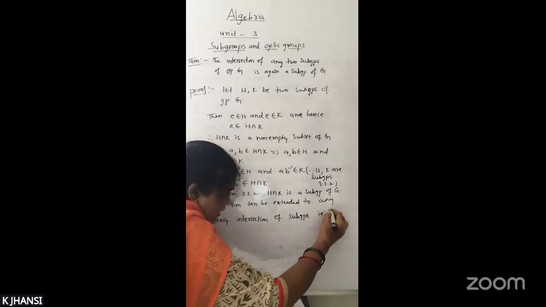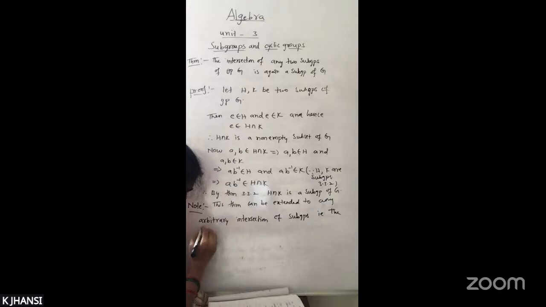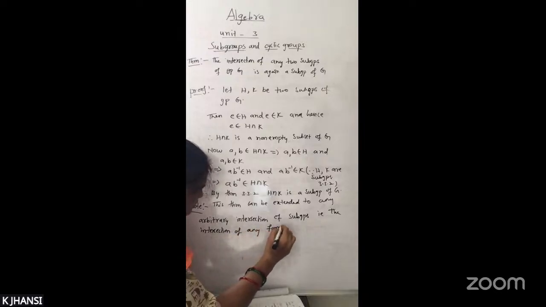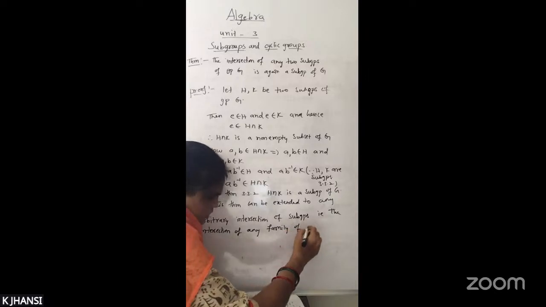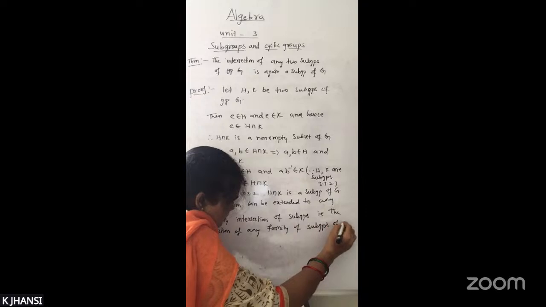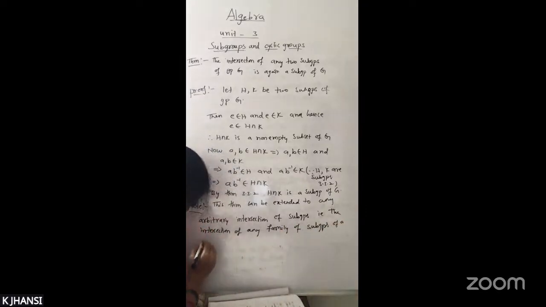That is, the intersection of any family of subgroups of a group is a subgroup.